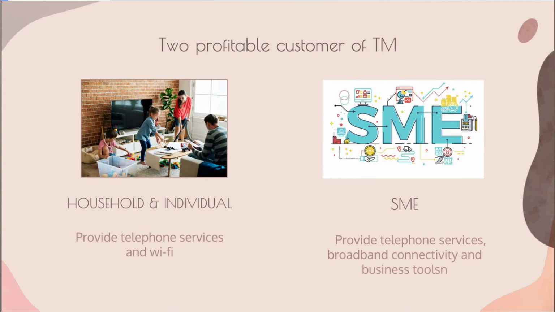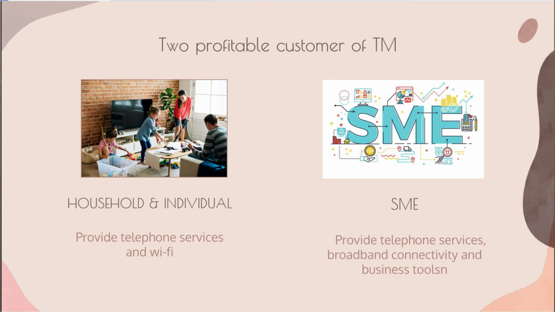They serve their customers based on their profitability. There are two profitable customer groups, which include Malaysian households and individuals, and small and medium enterprises (SME). For Malaysian households and individuals, TM really focuses on the customer needs and requirements in communications and entertainment.